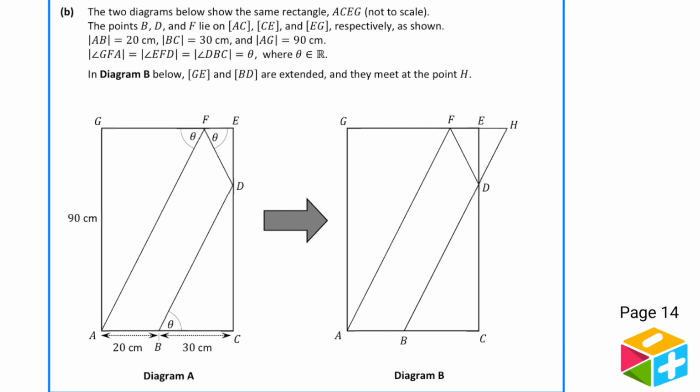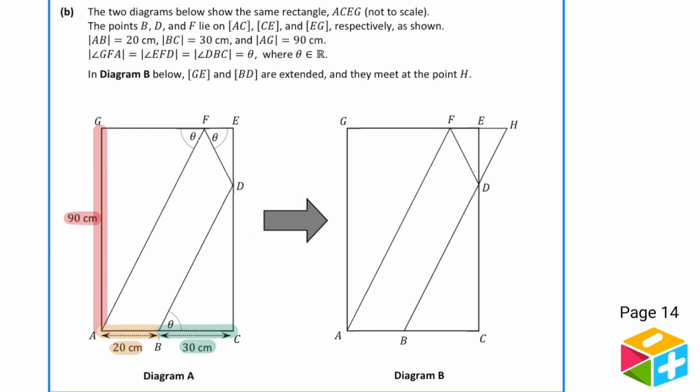In part B, we're presented with two diagrams of a rectangle, ACEG. In diagram A, various sides and angles have been labelled for us. We're told that GA has a length of 90 centimetres, AB has a length of 20 centimetres, and BC has a length of 30 centimetres.